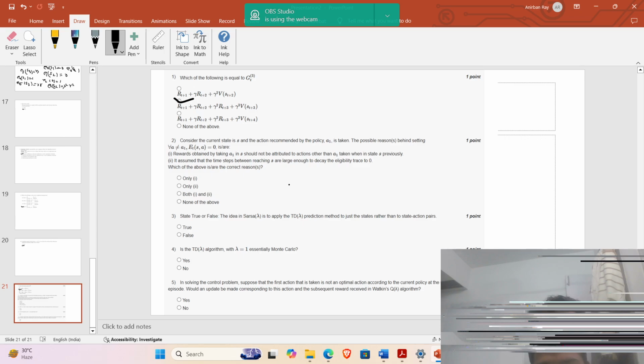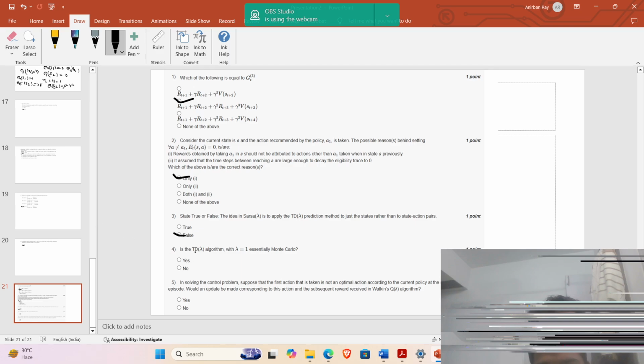Yes, so this is the correct one. The other option, that the time steps between reaching S are large enough to decay that eligibility trace to 0, no, this one is not correct. So the first one is the only correct one. True or false: the idea in SARSA lambda is to apply the TD lambda prediction method to just the states rather than state action pairs. This one is wrong. This one done.